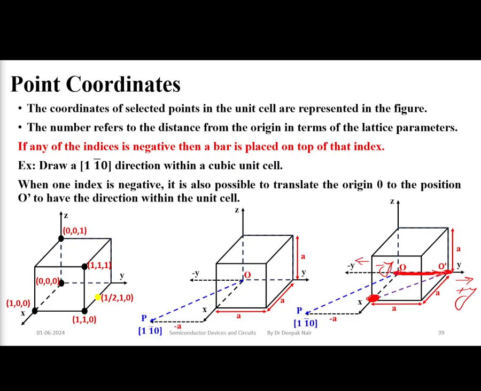So you have shifted from this origin on the right, O bar, to the left in the y direction by 1. So x is 1, moving left is minus y, and it is not touching the z-axis. So here you have 1 bar 0 by shifting the origin.